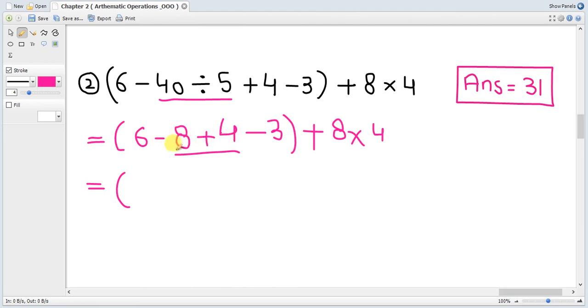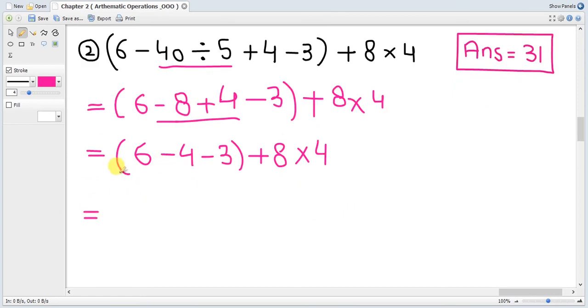That is wrong. If we take the negative sign, minus 8 plus 4 will give us minus 4. So signs will change your answer, so be careful. Now shift the remaining equation as it is down, which is minus 3 plus 8 times 4.